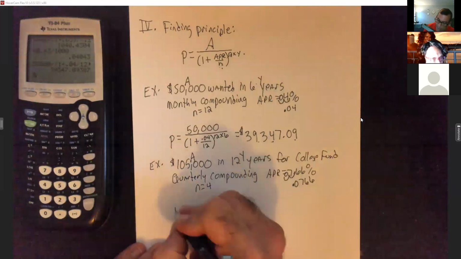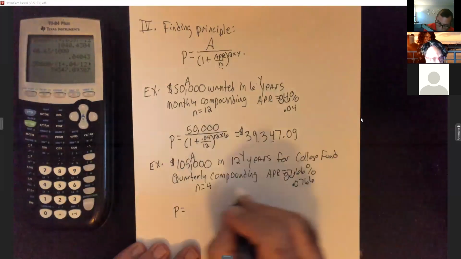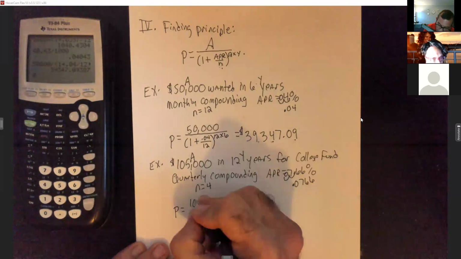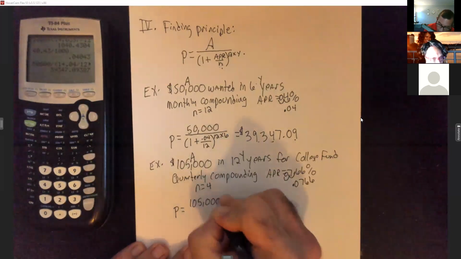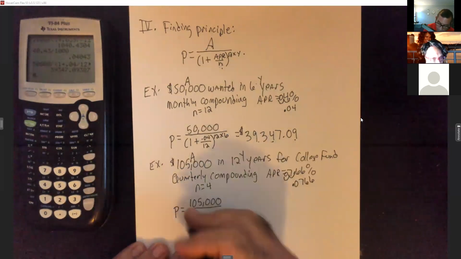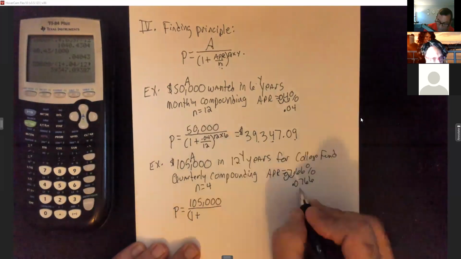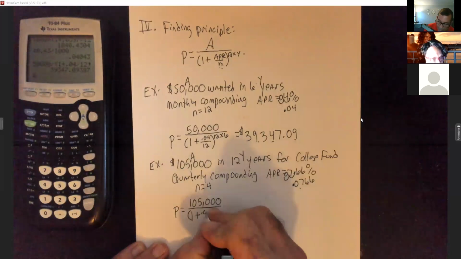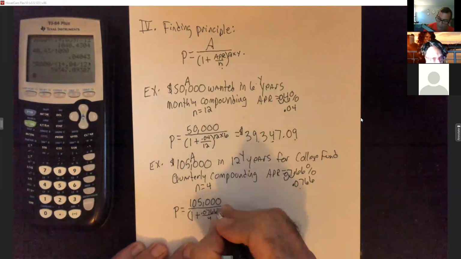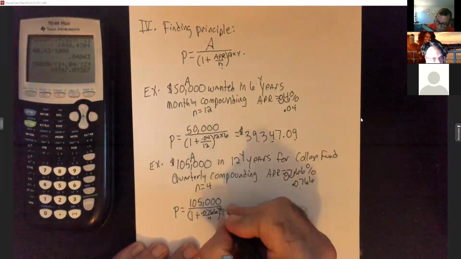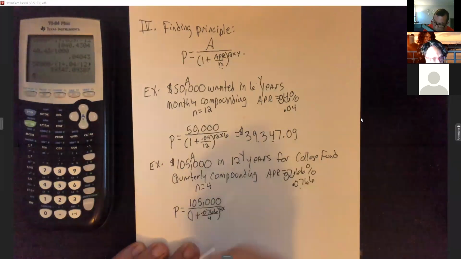P equals my A, which was 105,000, divided by parentheses 1 plus your APR, 0.0766, divided by N, which is 4, all raised to the 4 times Y. My Y was what, 12 up here?